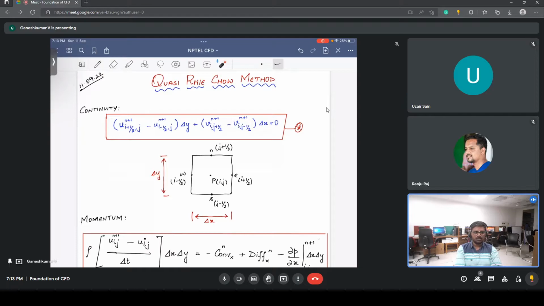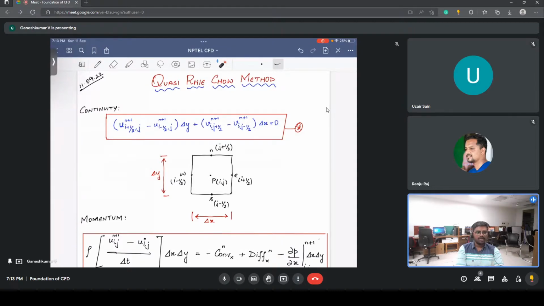The lectures would have already shown you the programs, and one thing about that program is it's for a staggered grid, and they implement the SIMPLE algorithm. What we will try to do here is a method for a collocated grid, and in your free time you can implement this method also and arrive at the same result.